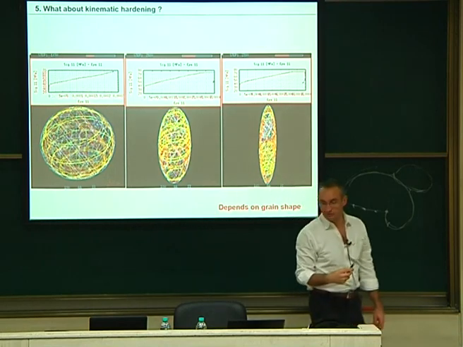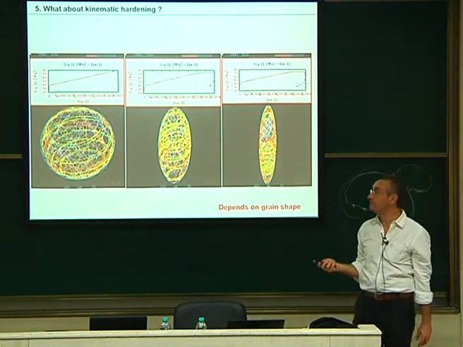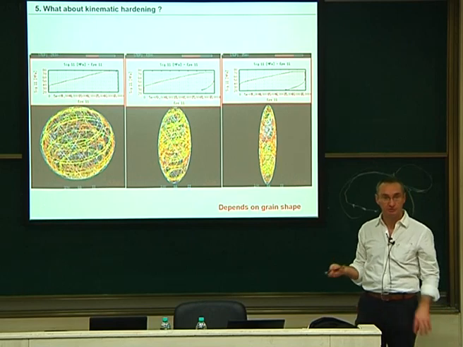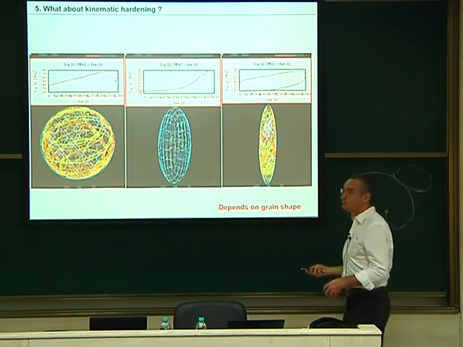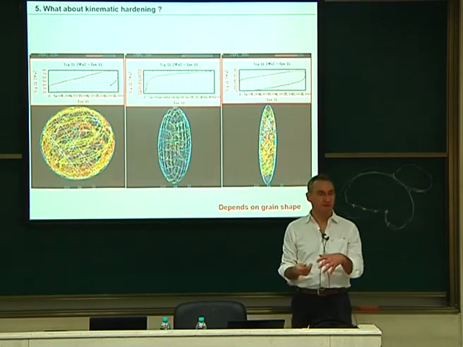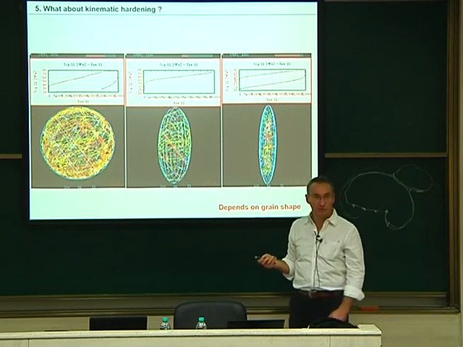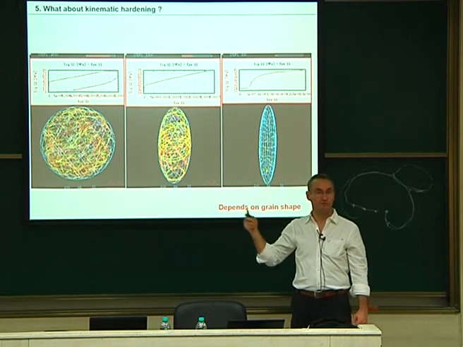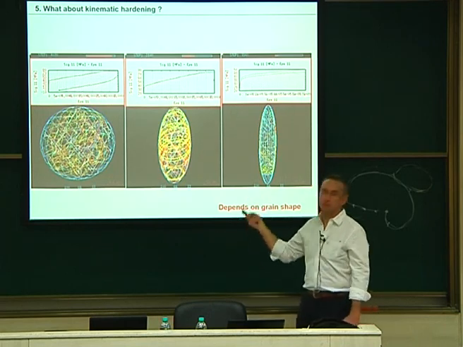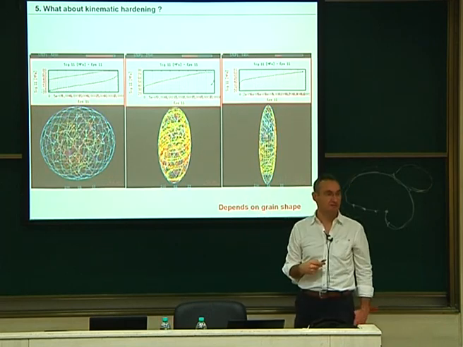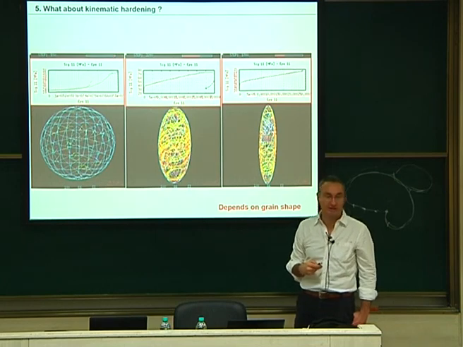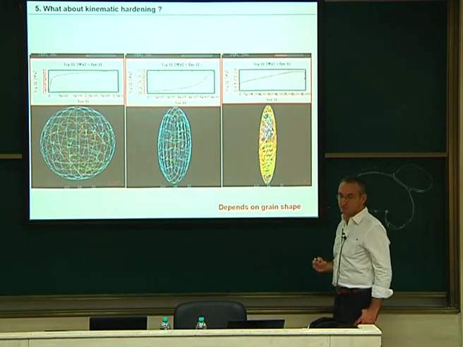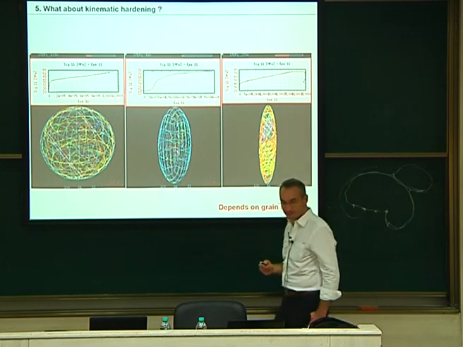So in FEM, we know that with classical finite element modeling, we cannot reproduce this Lankford coefficient effect, whereas with DD we can. So using those data, you can fit some model of kinematic hardening that will give the correct coefficient in crystal plasticity modeling.